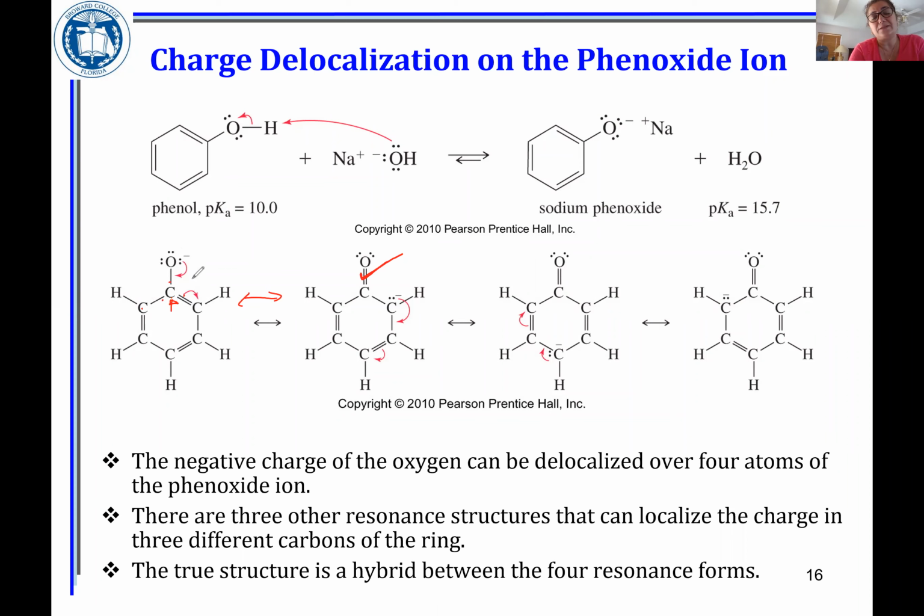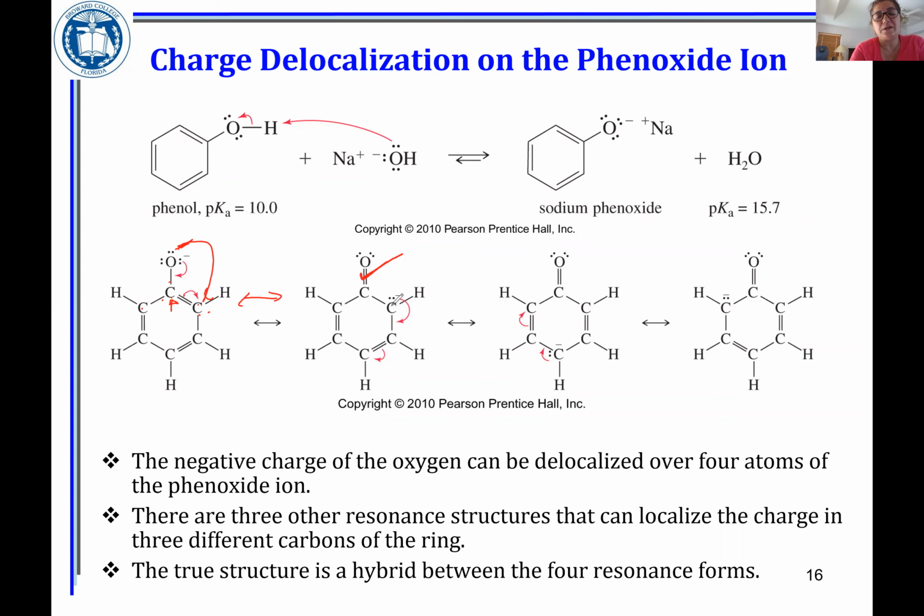The pi bond is the weakest, and it is basically 2 electrons, so the pi bond is going to move to the carbon. The pi bond is moving by 1 space, but the net result is that the charge jumps by 2, from oxygen to carbon.